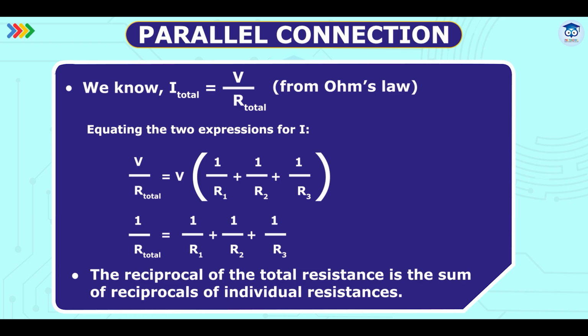Dividing both sides by V, we get 1 upon R total equals 1 upon R1 plus 1 upon R2 plus 1 upon R3. Thus, in a parallel connection of resistors, the reciprocal of the total resistance is equal to the sum of the reciprocals of the individual resistances.